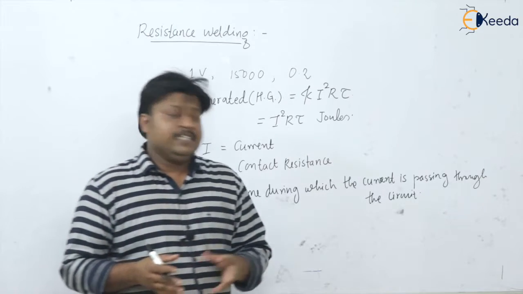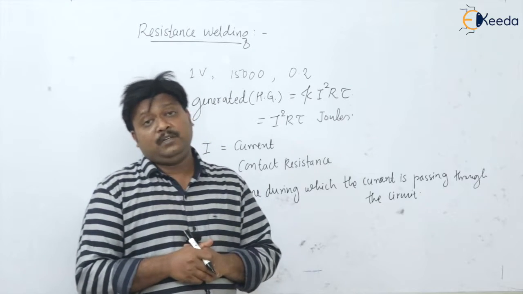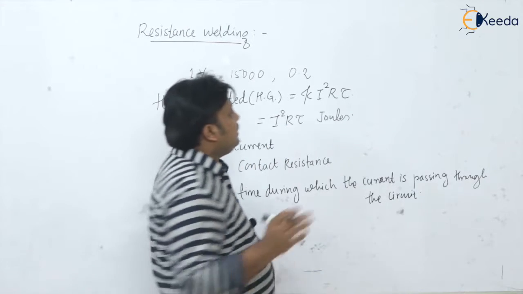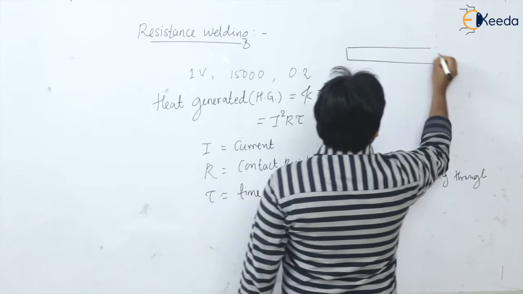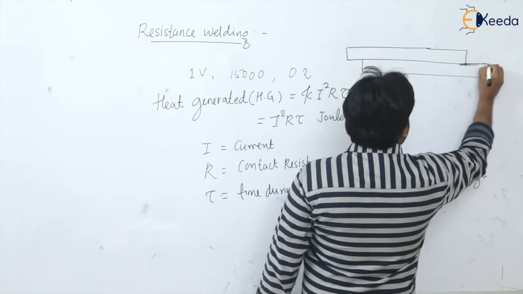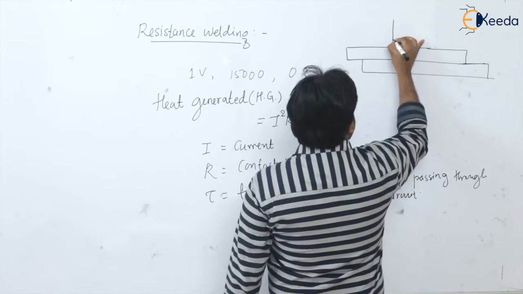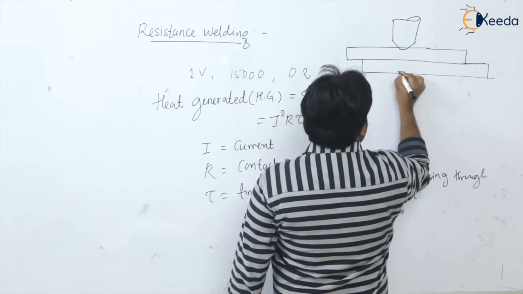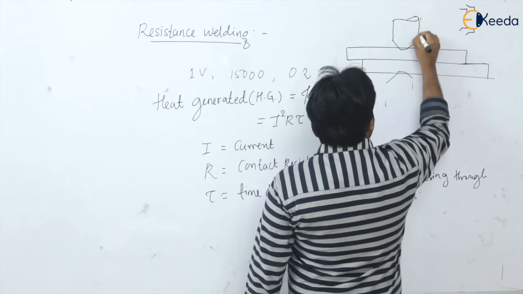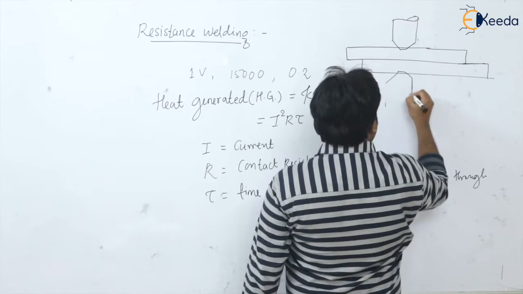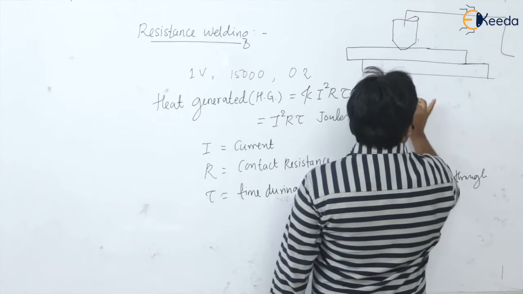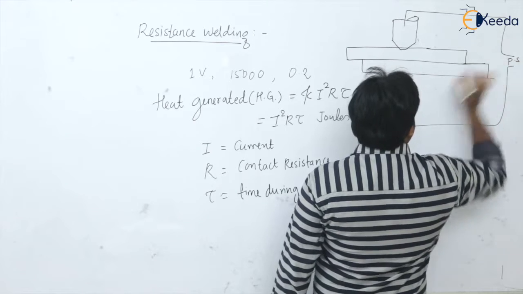If you look at this formula, the resistance is a very complex factor, and we have to get an idea about this resistance R. If I take the simple example of spot welding, here are the plates in a lap joint, and this is the electrode, and of course we have the power supply here.